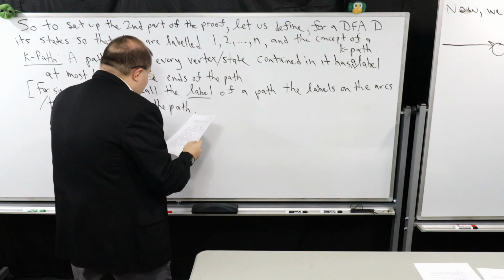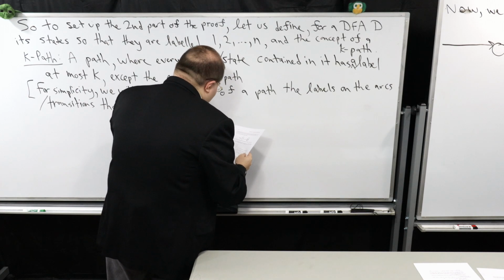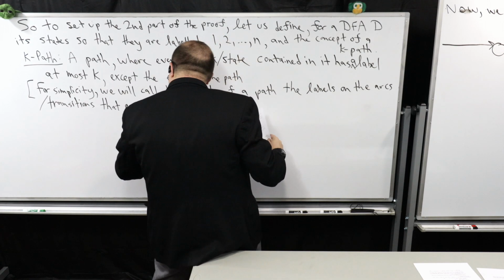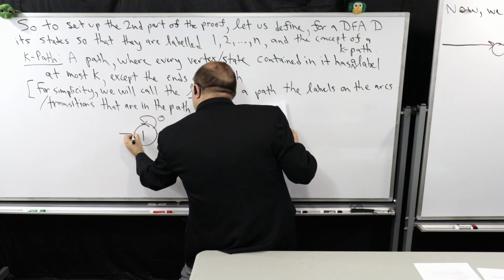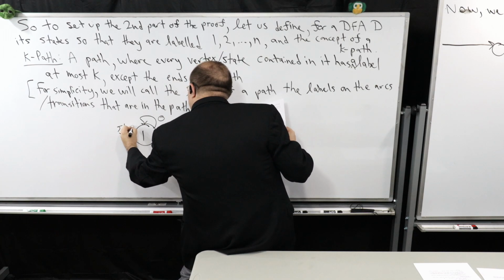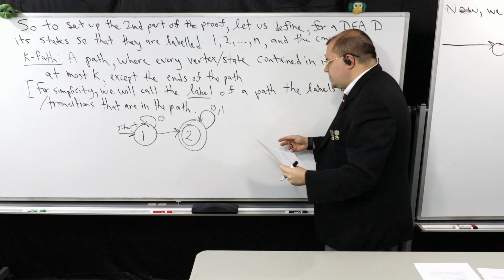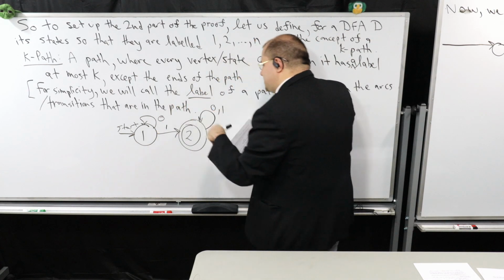So I'm going to draw a DFA. This is going to be a rather simple one. So let me give the start. I've got states 1 and 2 here. And what's going to happen? Oh, I need to label this as a 1.